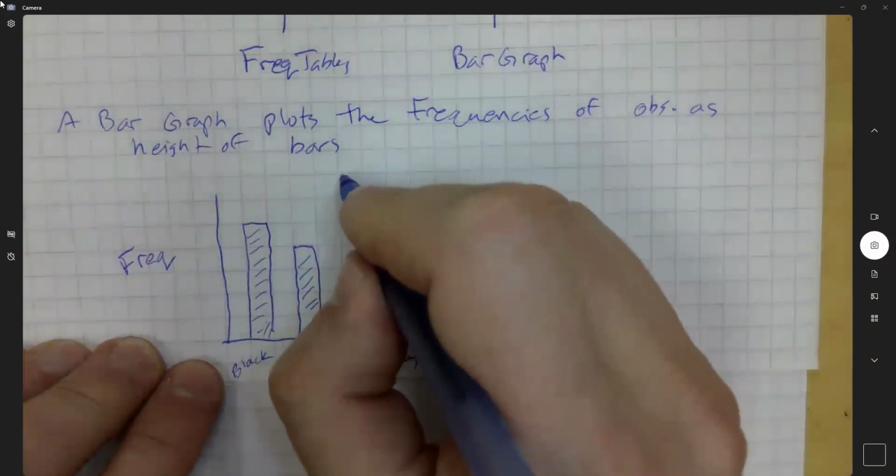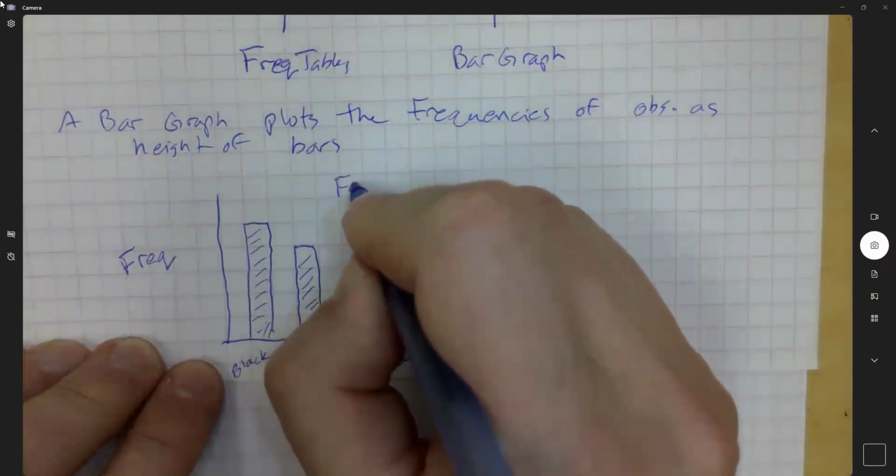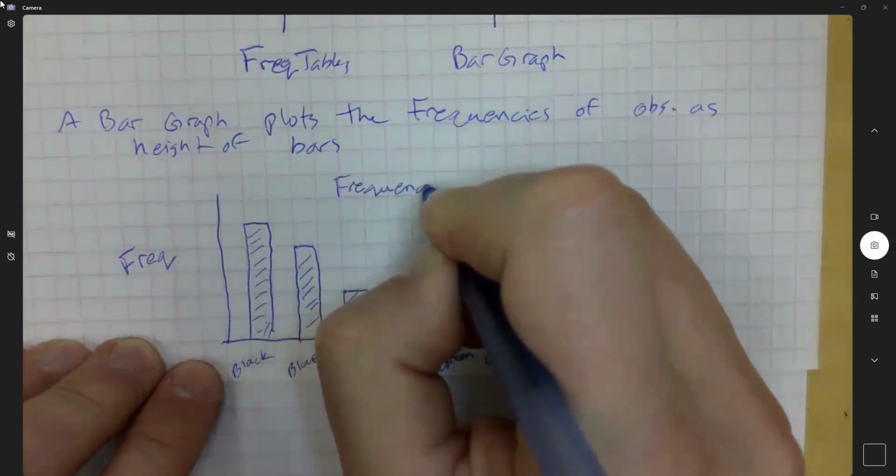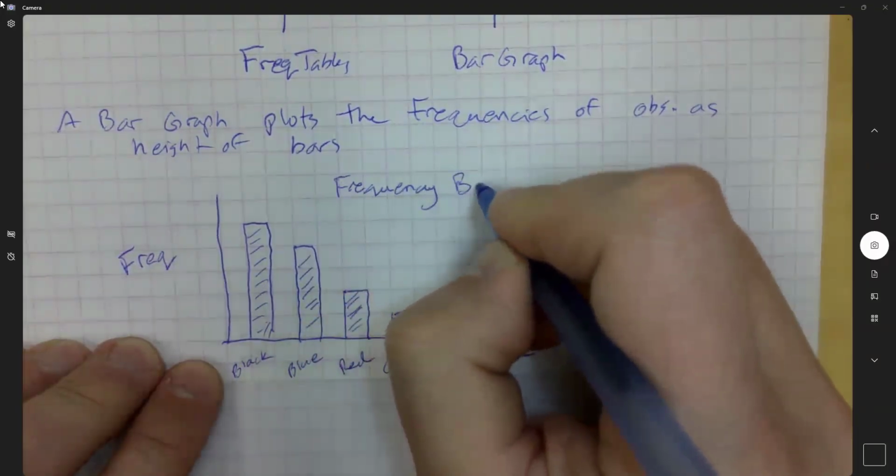And we would call this a frequency bar plot.